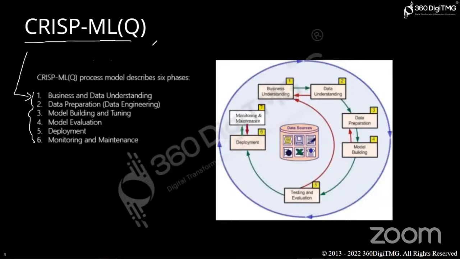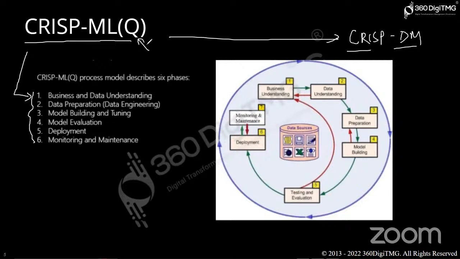Previously, this was CRISP-DM, cross-industry standard process for data mining. Now it has changed to MLQ with the addition of quality assurance, which was not present in the previous methodology.